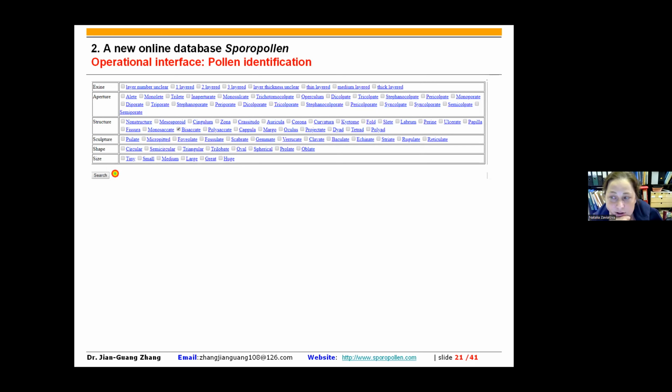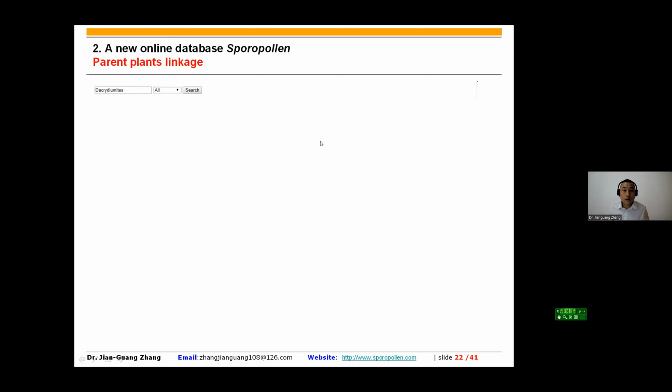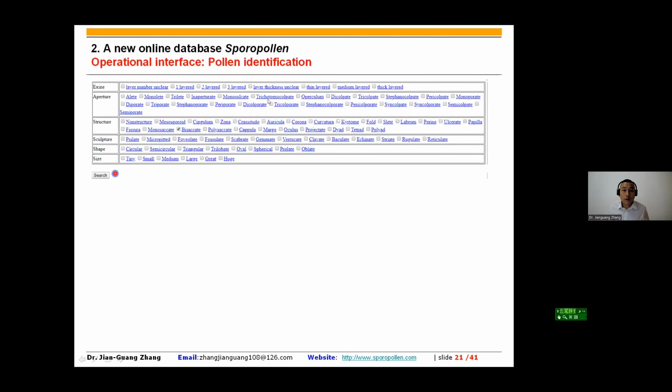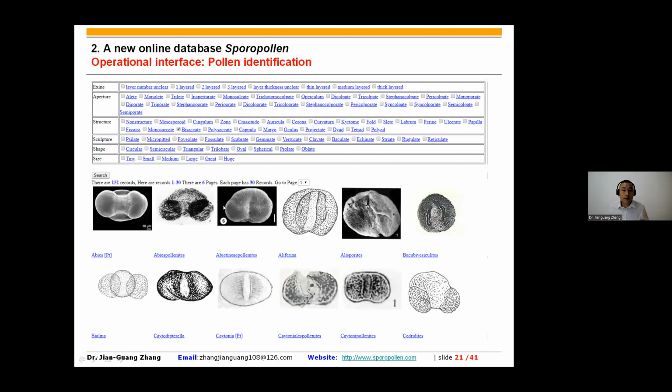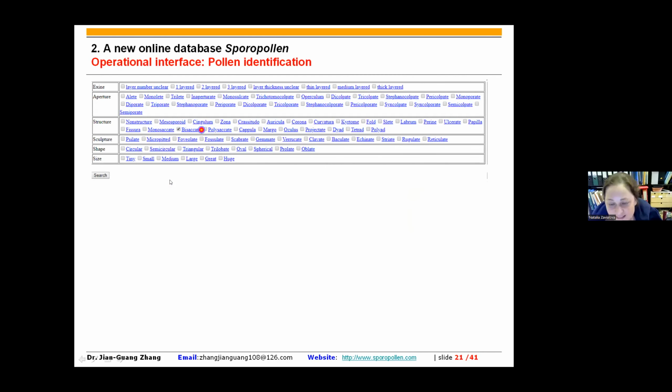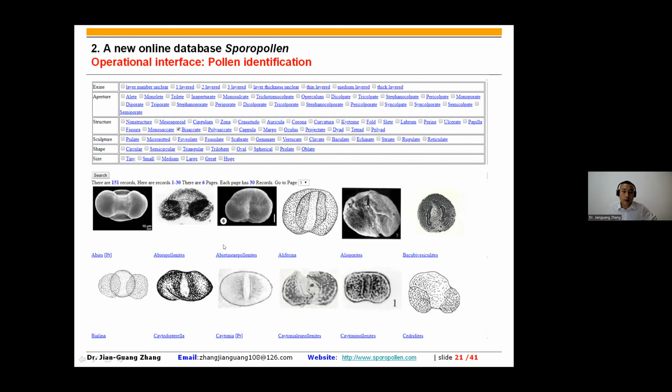So click to select the characters and click the search button. There will be results shown.